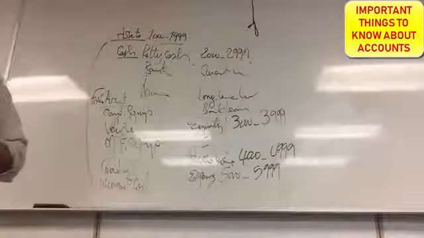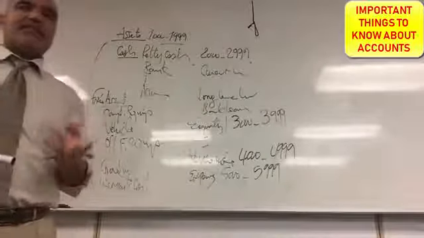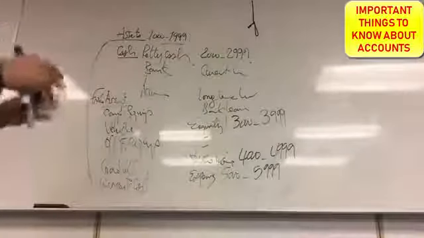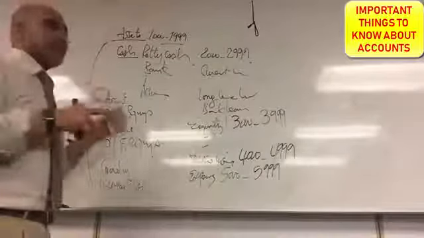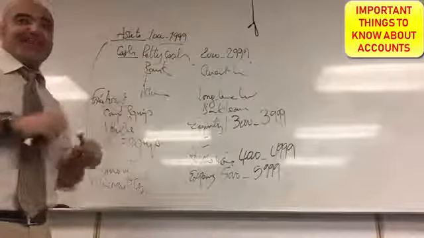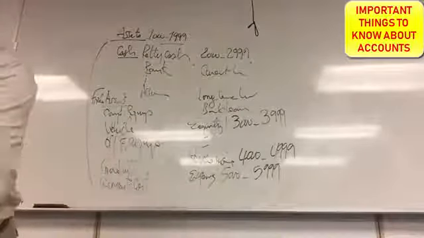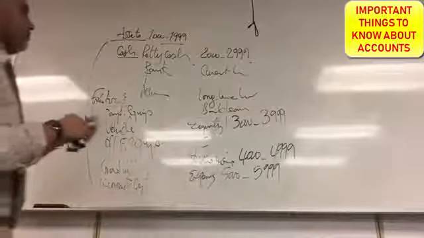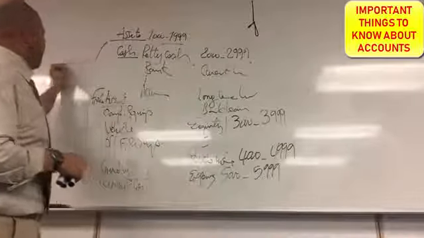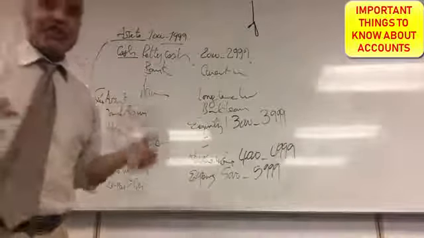Now, concerning your question, when we want to create an account, how can I know in which category, in which family, shall I create it? For example, the bank. I know that the bank is part of the cash family.